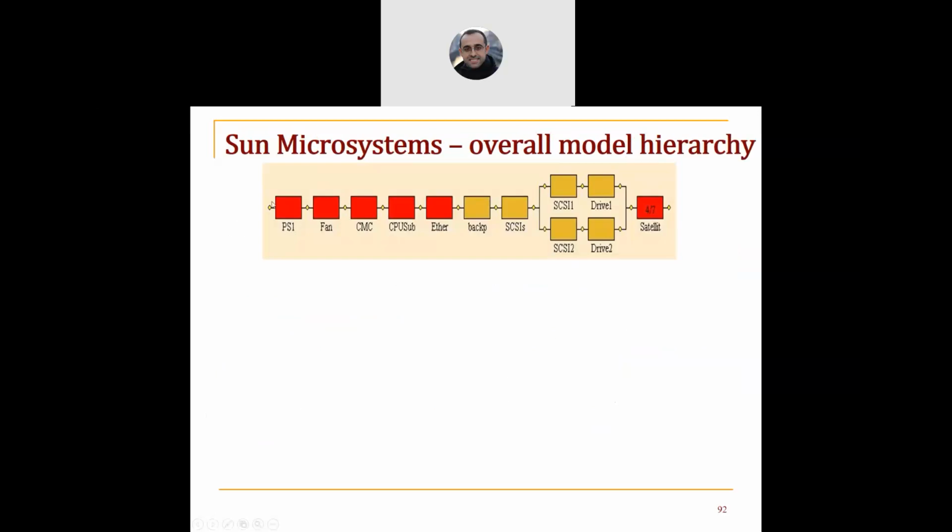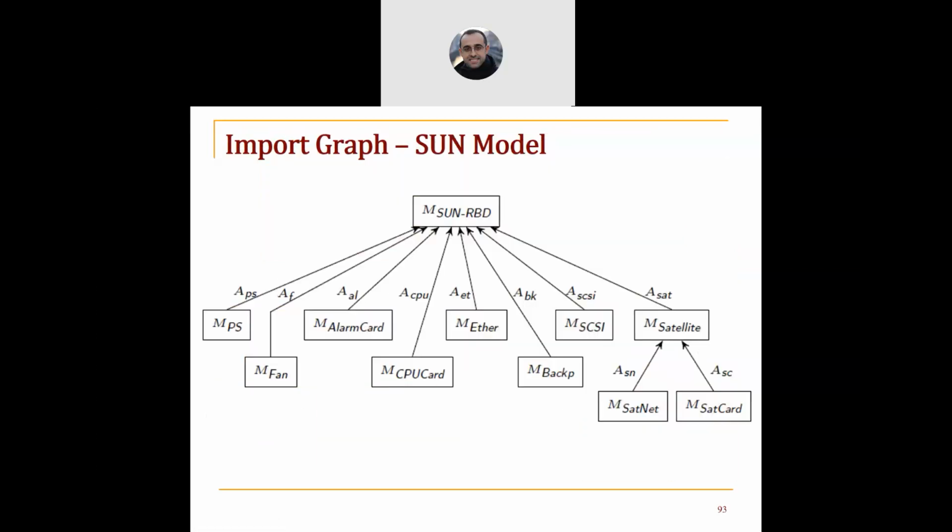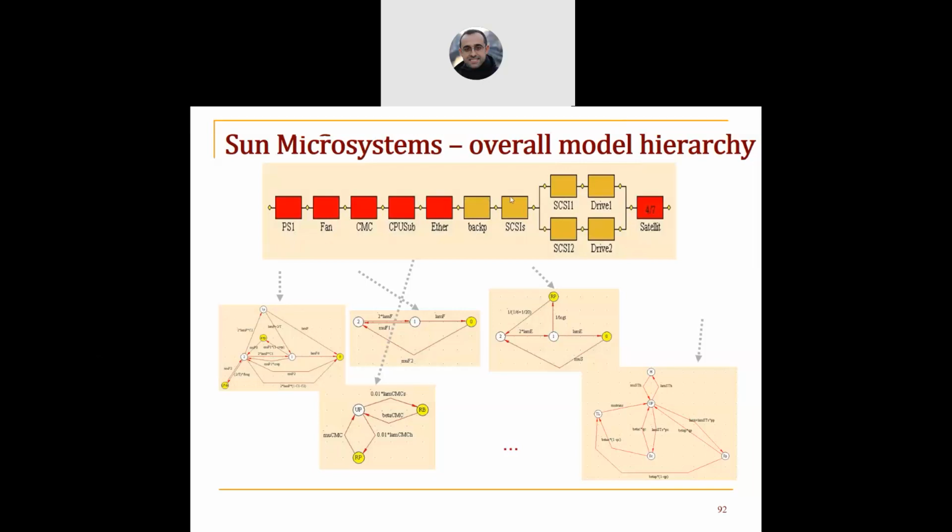So at the top level, there was this reliability block diagram I showed you already. And down below, there were Markov models for each of the subsystems. So, for example, the power supply subsystem was modeled by this Markov chain, and the satellite subsystem was modeled by this Markov chain.